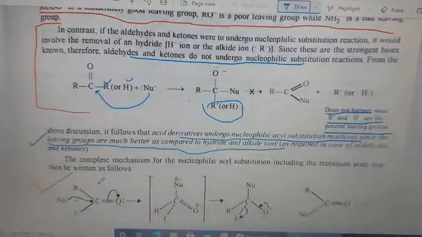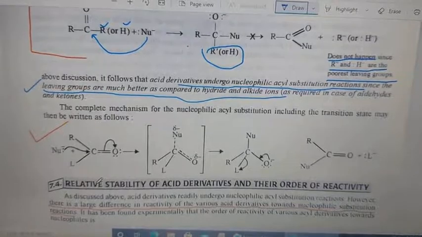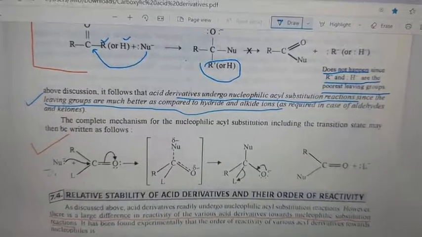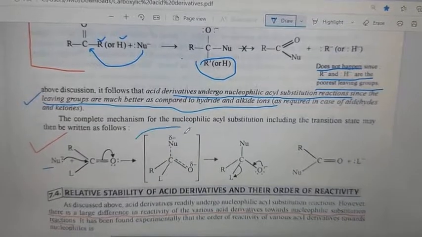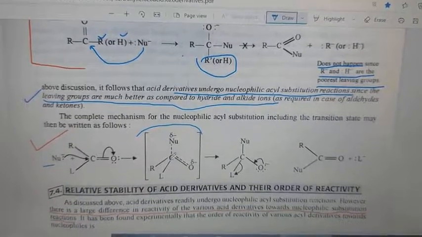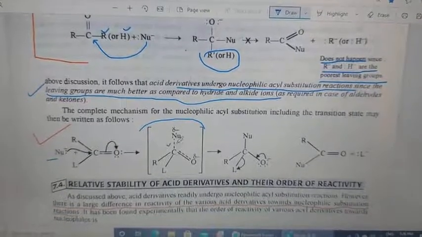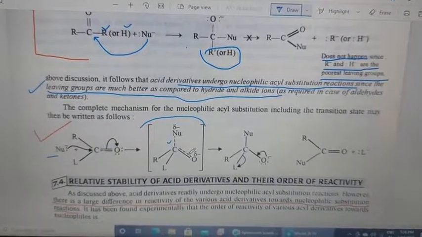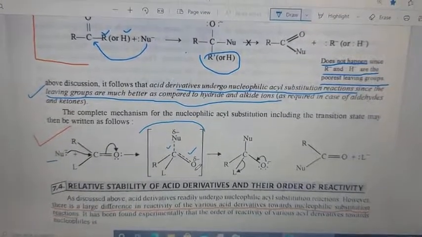The complete mechanism of this reaction is shown as follows. Firstly, the nucleophile attacks the carbon. We can show this in the transition state, where formation of the bond between nucleophile and carbon starts, and the pi bond between carbon and oxygen starts breaking.